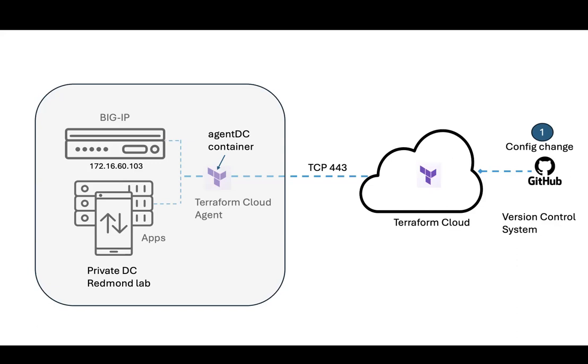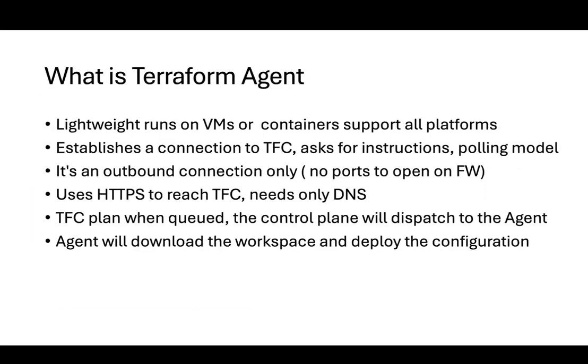You will make those changes on GitHub, and once you commit them, it will trigger a workflow to Terraform Cloud. That workflow will deploy the FAST template on the BIG-IP. This is a simple demo, and we'll see that. But before that, let's talk a little bit about the Terraform agent.